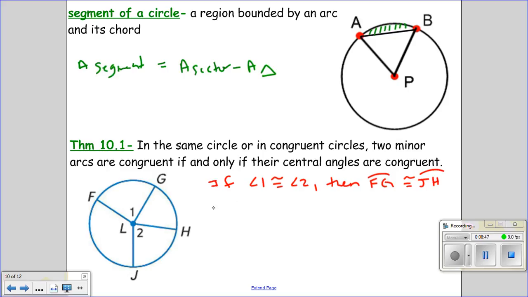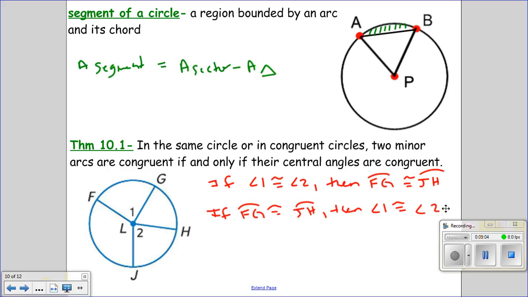And it can be read backwards as well. If arc FG is congruent to JH, then angle 1 is congruent to angle 2.